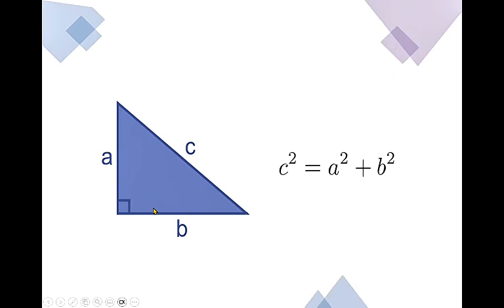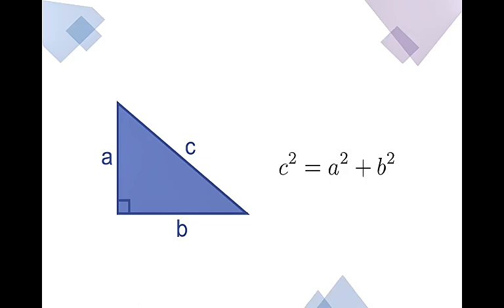Here is the big idea. The Pythagorean theorem works because of area. If we draw squares on each side of a right triangle, the square on side A has an area of A squared, the square on side B has area B squared, and the square on side C, which is our hypotenuse, has area C squared.